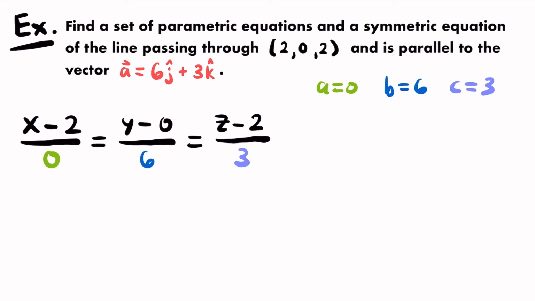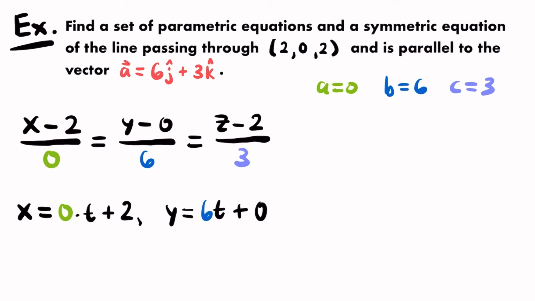For now, let's just set up our parametric equations for a line in 3D space. We're going to have x is equal to a times t plus x1. So we're going to have 0 times t plus x1, the x coordinate of our point, which is 2. Then we'll have y is equal to b times t, so 6 times t plus y1, the y coordinate from our point, which is 0.